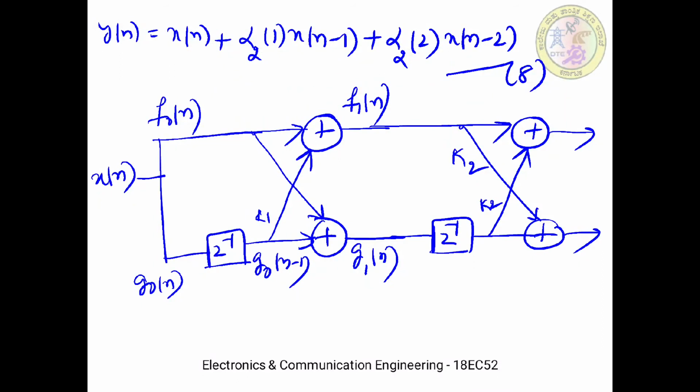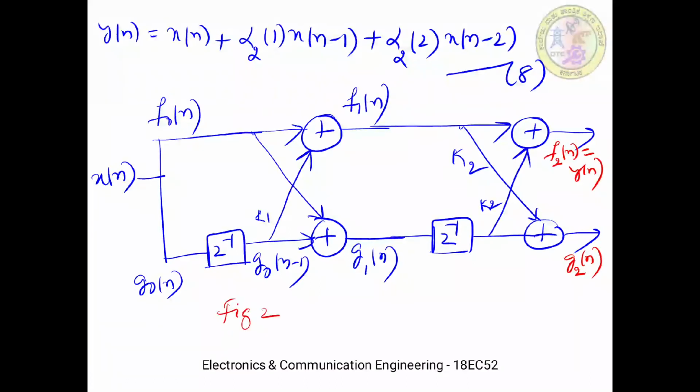The outputs here we are going to write as f2 of n, which is nothing but y of n, and similarly here the output is g2 of n. So f2 of n equal to y of n represents the output of the second stage. Therefore this is figure 2, a two stage lattice structure.